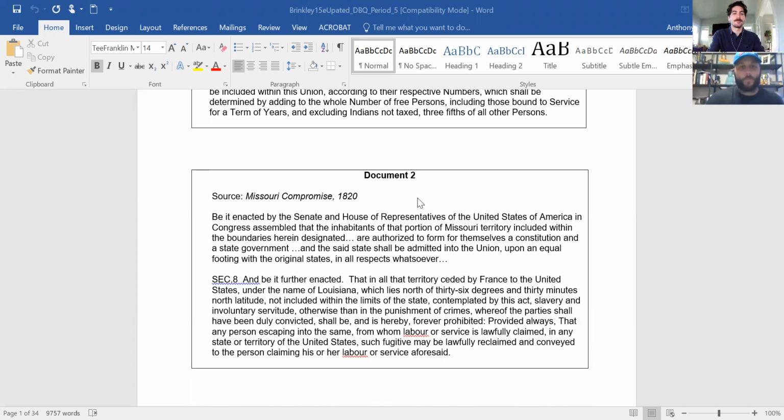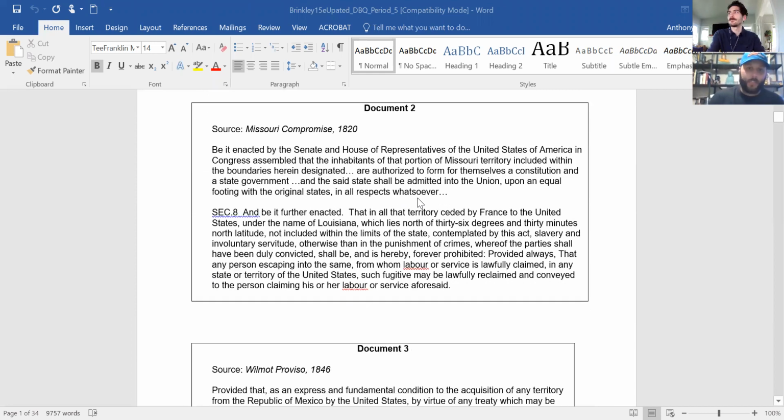So there's that. The Missouri Compromise, again, talking about representation, talking about why it matters what states do and do not allow slavery. This is not the Constitution, right? This isn't an amendment. This is just a piece of legislation that gets passed.